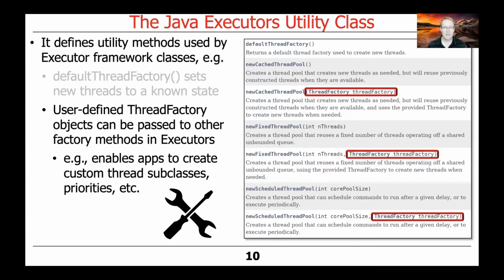So you can have classes that will do things like give the threads special names, give threads special priorities, make them daemon threads versus non-daemon threads, and so on and so forth. By default, they're non-daemon threads, but you can make them into daemon threads if you want to. So these are all the different things that happen using the thread factories that are defined here.